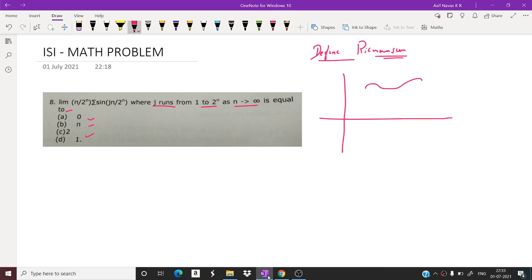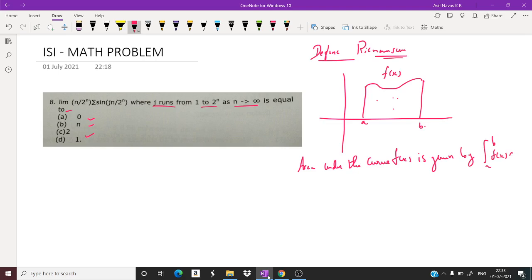a function f of x defined on the interval a to b, the area under the curve f of x is given by the integral a to b f of x dx.